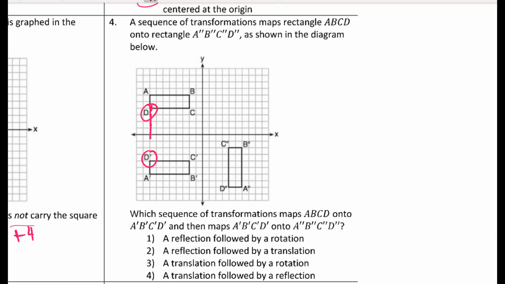So D needs to end up at D prime and C needs to end up at C prime and so on. So this first transformation looks like I reflected it right over the x-axis. So I know it's got to start with a reflection, so I could rule out 3 and 4. And then to get from here to here, it looks like I spun it in a counterclockwise rotation, so that's going to be a reflection followed by a rotation.